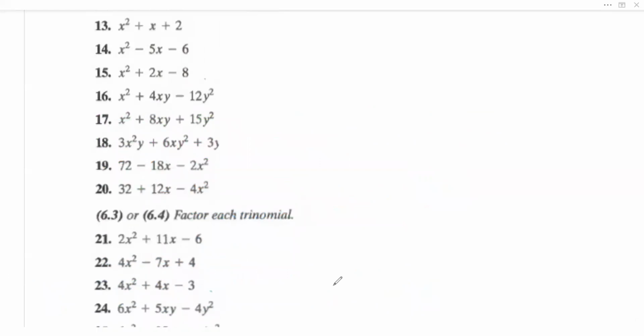Next, Iris. I got x minus 2y and x plus 6y. Let's double check it. X squared, this is 6xy, and this is -2y. So the last is -12y squared. Correct. That's easy to check. All right. Number 17.